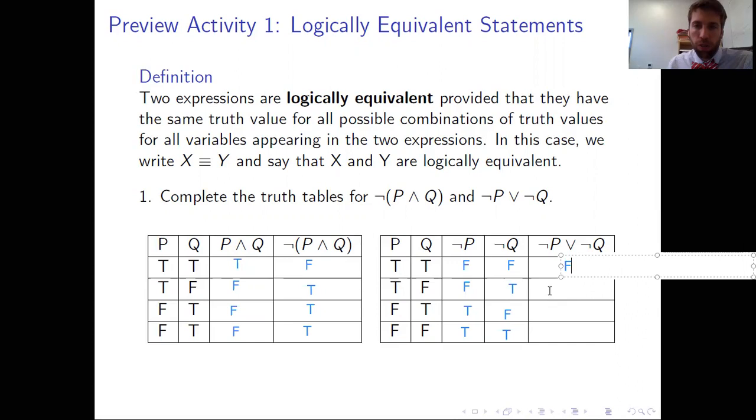So here it's false and the others are true. And so we see that these two compound statements are equivalent because they end up with the same values for the same input.